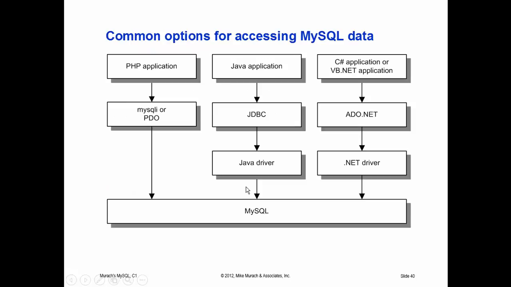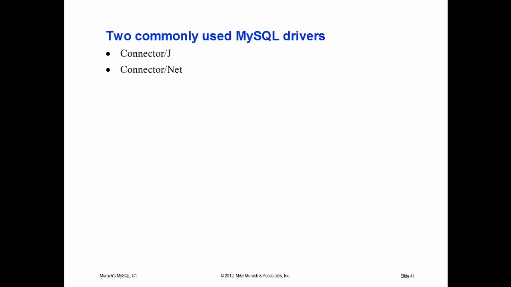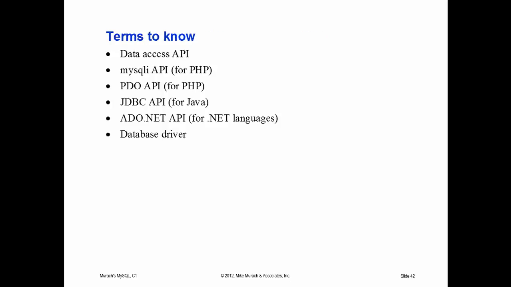Now, this just basically says that you are able to use MySQL or Oracle or SQL Server and work on it with different types of programming languages, such as PHP, Java, C#, Visual Basic .NET, and there are other ones also. Don't worry about the MySQL drivers. All right. And again, I've already mentioned these terms to you.